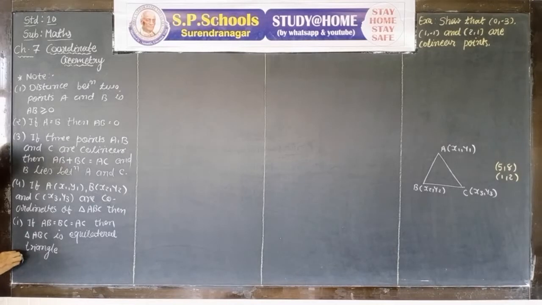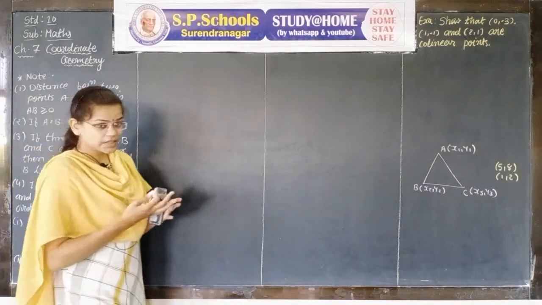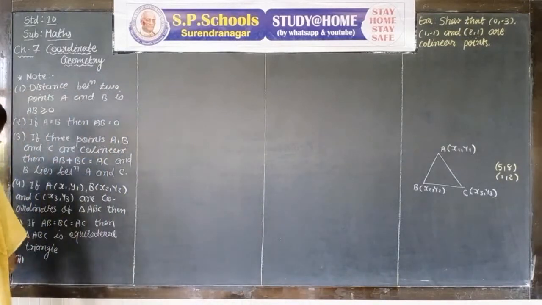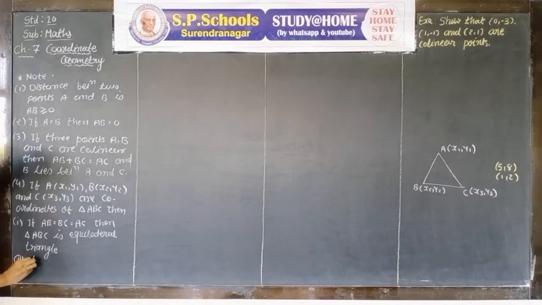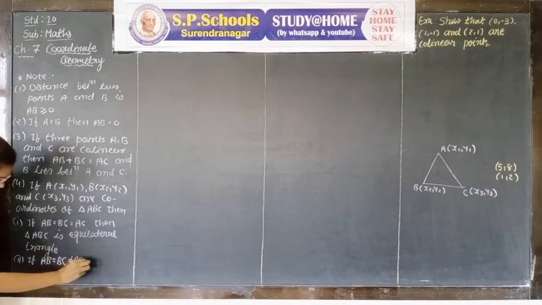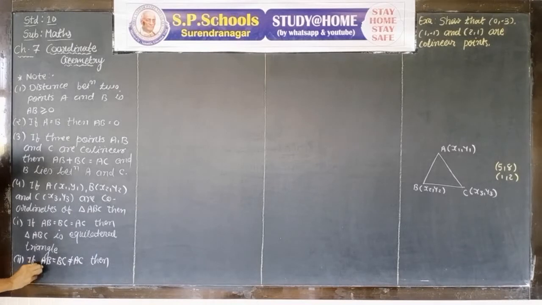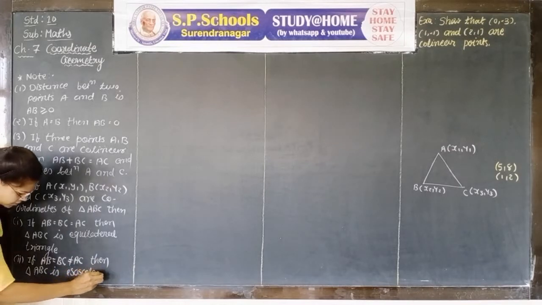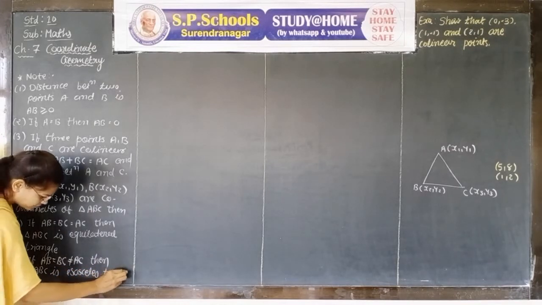The second one is the isosceles triangle. Isosceles triangle means two sides are equal and the third is not. If AB is equal to BC, two sides are equal but not equal to the third side AC, then triangle ABC is an isosceles triangle.